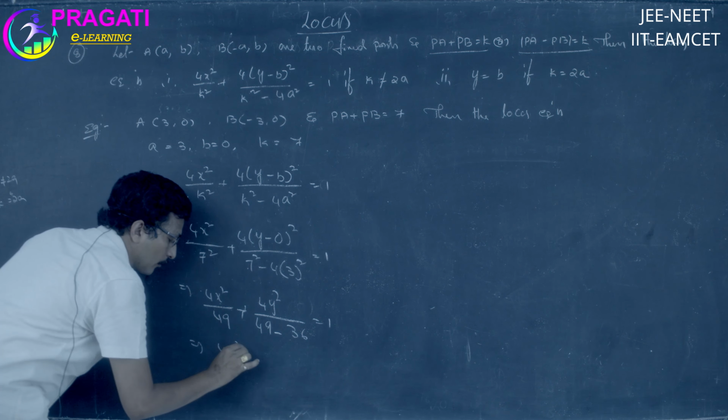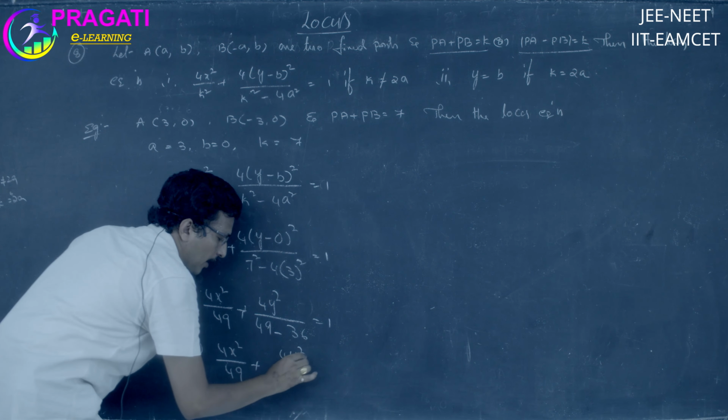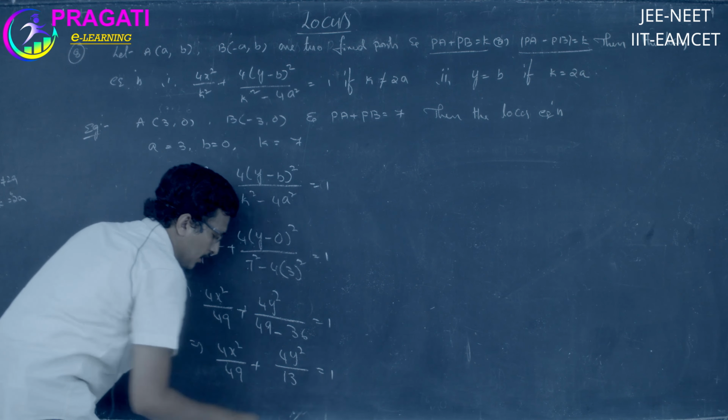Here 4x square by 49 plus 4y square by 13 is equal to 1.